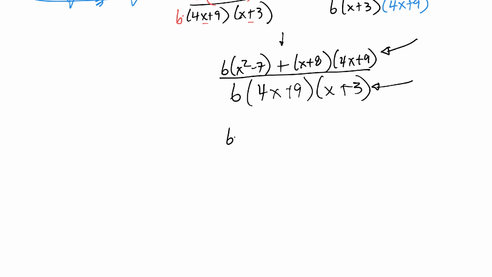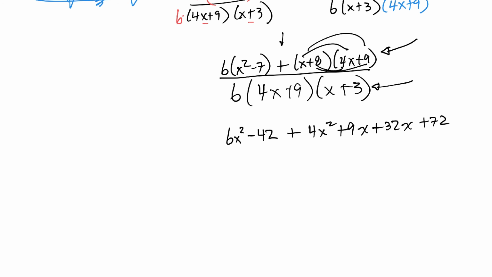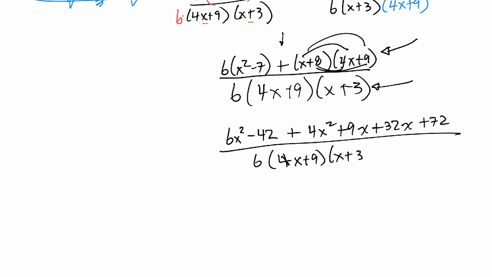So this would be 6x squared minus 42 plus 4x squared plus 9x plus 32x plus 72, all over my lowest common denominator, 4x plus 9, x plus 3.